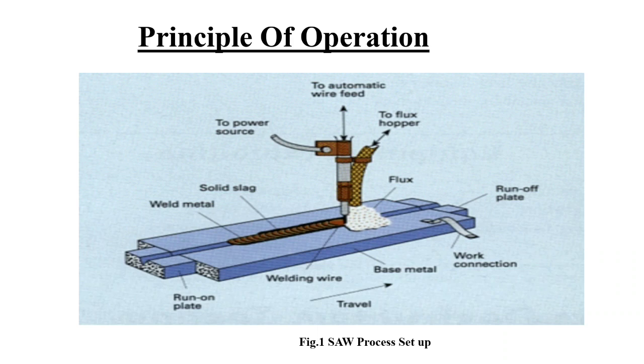A portion of the flux melts to protect the liquid weld pool, whereas the rest of the flux seals in the arc. Both AC and DC sources are used, with welding current in the range of 200 to 2000 ampere. The process is used to make thick welds in a single run. Obviously, it is unsuitable for overhead welding.